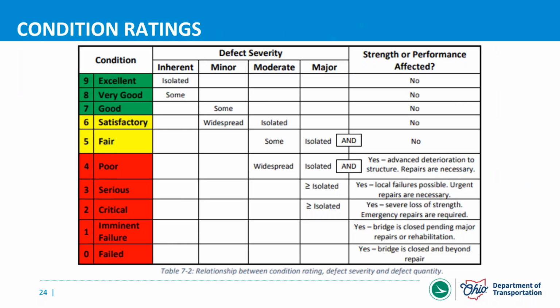And for superstructure, again, you'll have tables and rating guidance for concrete superstructures, and then pre-stressed box beams, and then steel. So all of your guidance is broken up by component type and then material type. There's lots of rating guidance that follows this table in chapter 7, but this is just the overall.